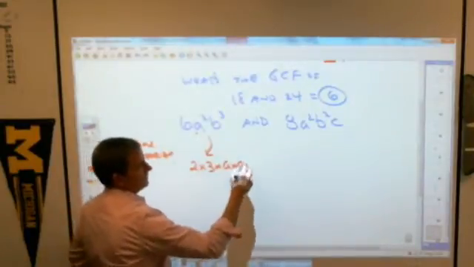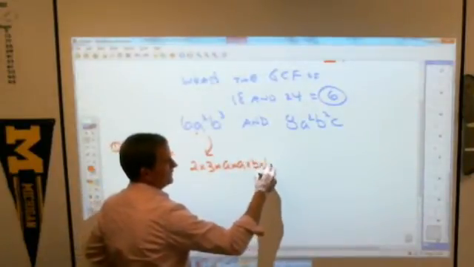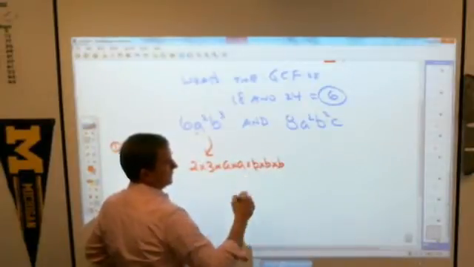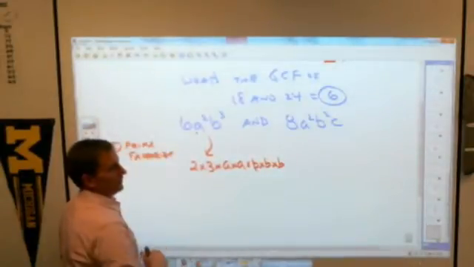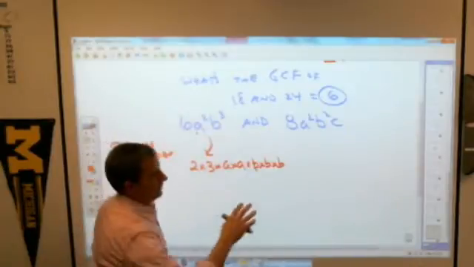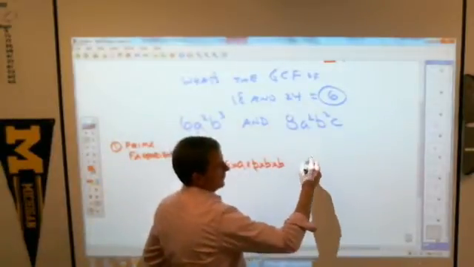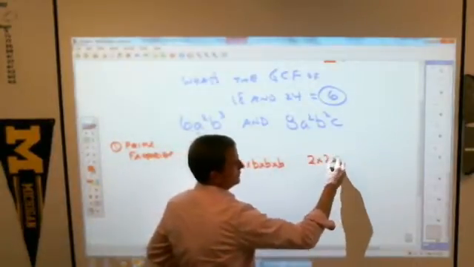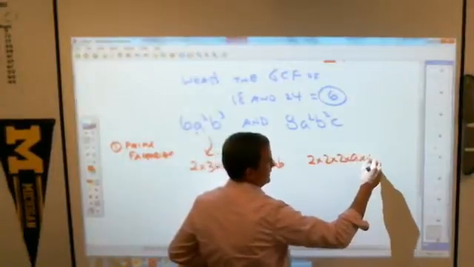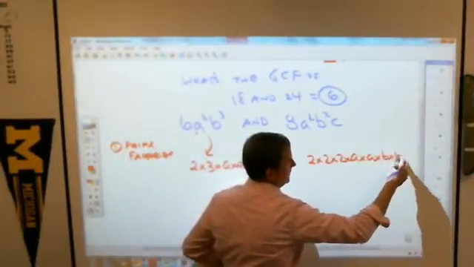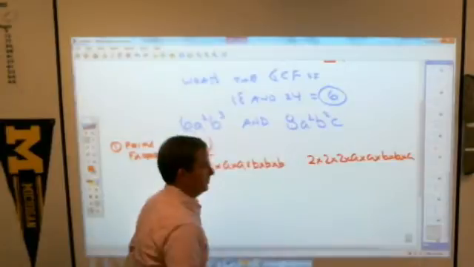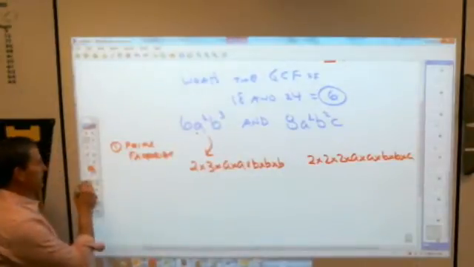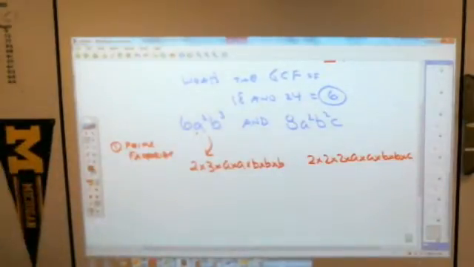And prime factorizing b cubed, I get b times b times b. That's that whole thing broken down. If I prime factorize 8a squared b squared c, I end up with 2 times 2 times 2 times a times a times b times b times c. Again, just bear with me. In the end, this will not be that long. Got that, Westfall? Yes, sir.